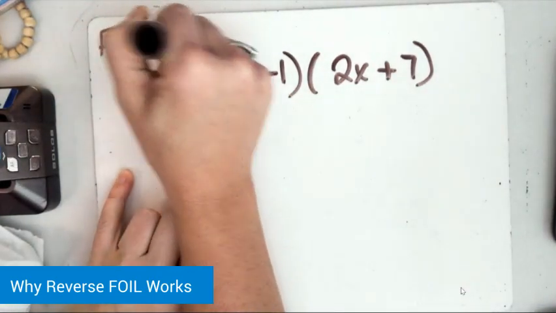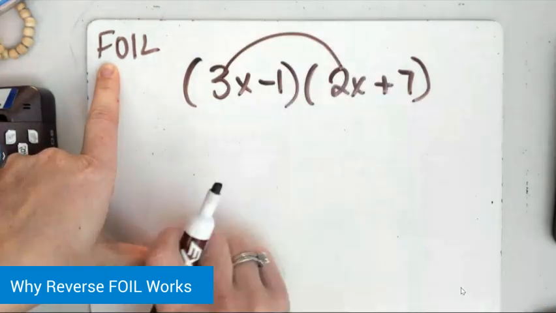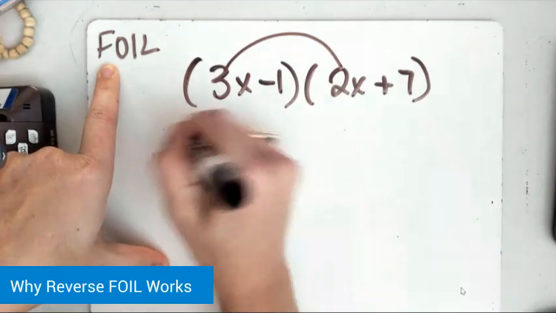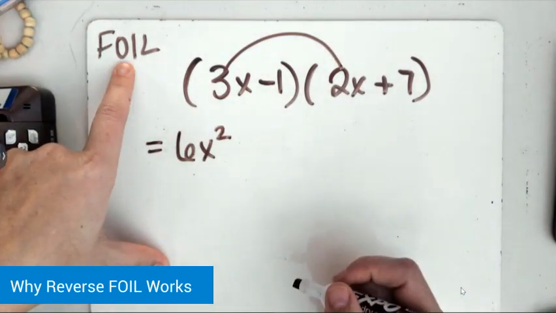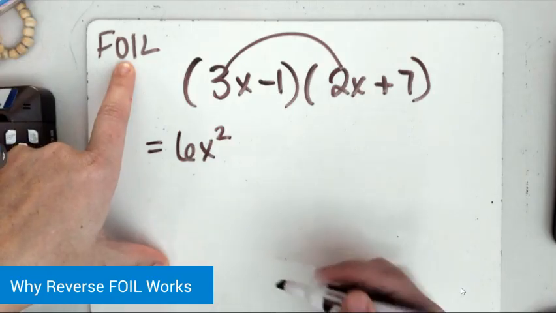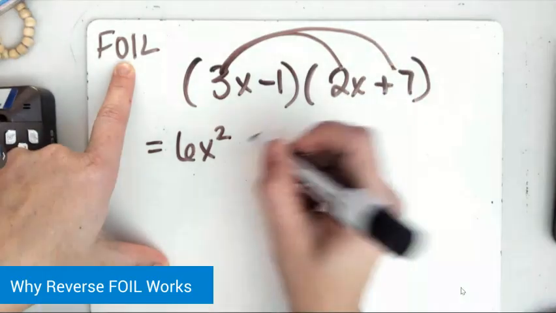FOIL stands for first times the first. What does that give me? 6x squared. Good. O stands for outer. Multiply the outer pieces. So 3x times 7 is?